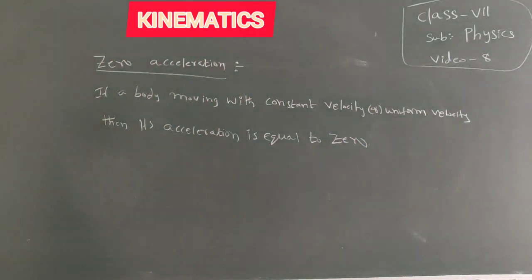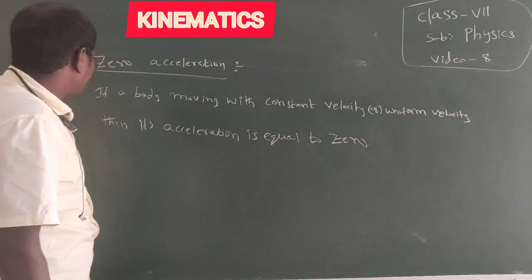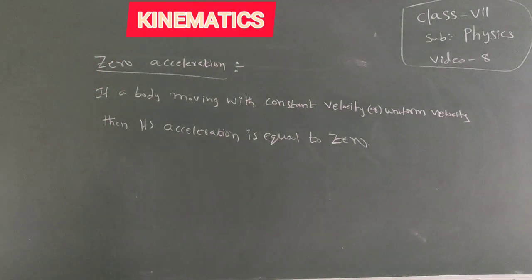Means initial velocity and final velocity both are equal. From this statement we can say that initial velocity and final velocity both are equal.